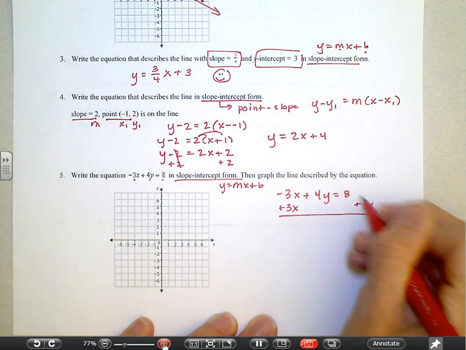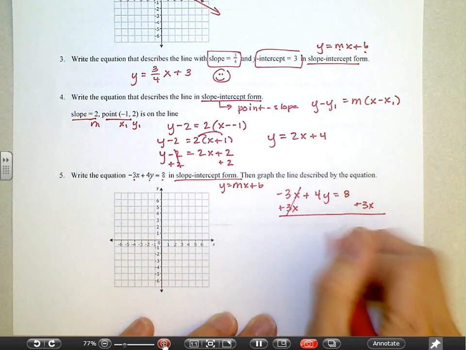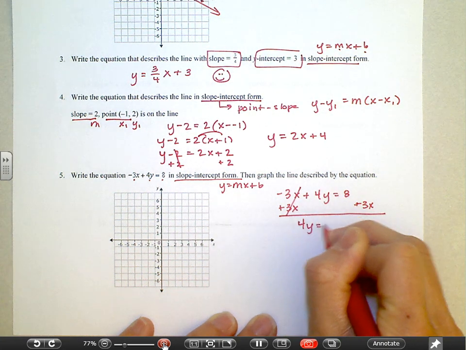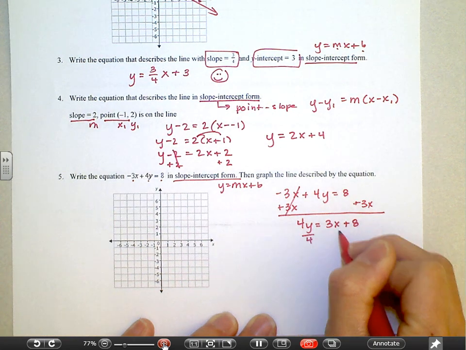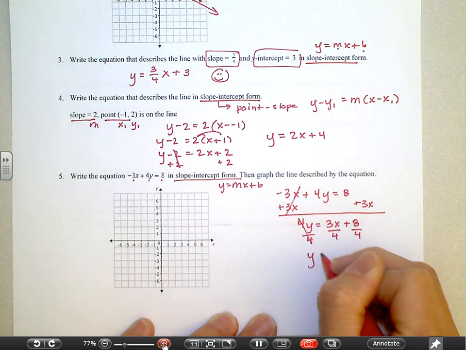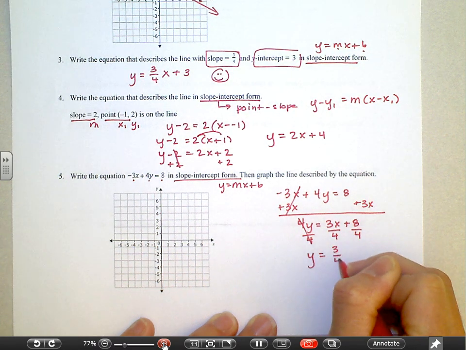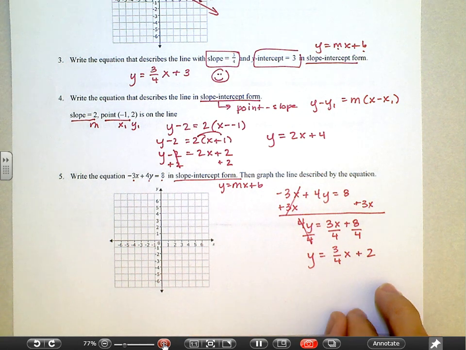Remember to write it with your x term first and then your b. So I have 4y equals 3x plus 8. Then I divide everything by 4 so y is by itself. I have y equals 3/4 x plus 8 over 4, which is 2.